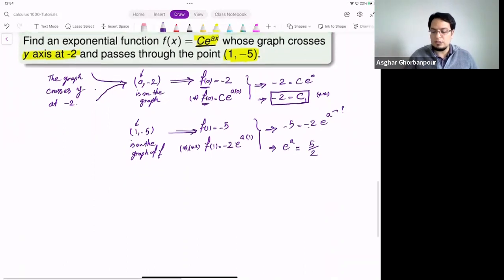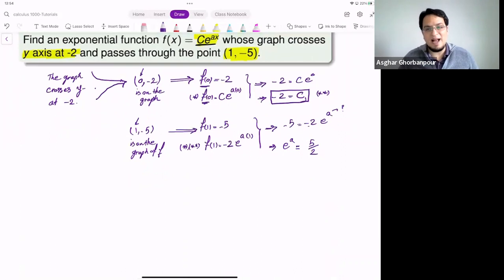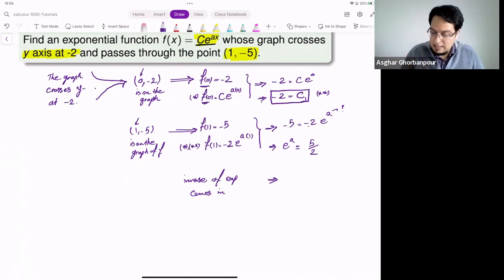Now I want to find the value of a. Here is where the inverse of the exponential function comes in. The inverse of the exponential function is the logarithmic function with base e, which is the natural log function, denoted ln.